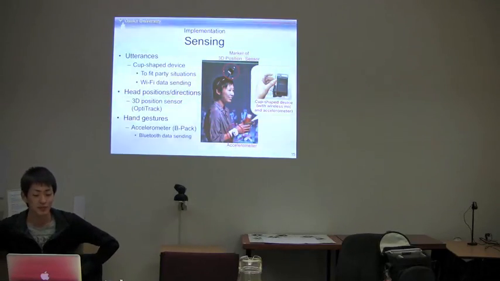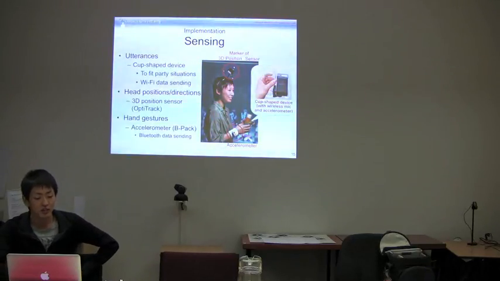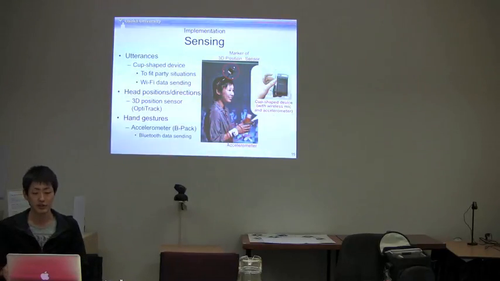This device can measure participants' utterances and hand movements without being worn. Participants also wear other wireless accelerometers to recognize their hand gestures, and a marker for 3D position sensors. All the data extracted by the sensors are sent to a server PC.